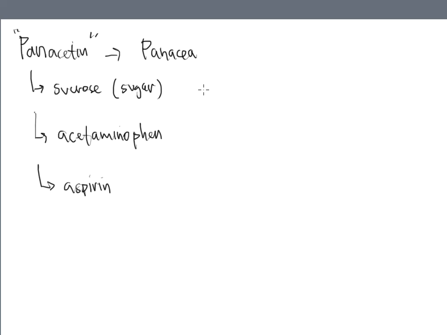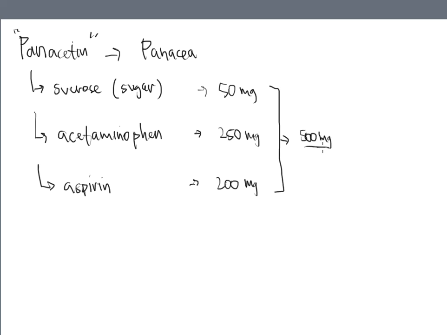The expected values, according to the book that you have, if you read the background, are that sucrose should be present in 50 milligrams, acetaminophen in 250 milligrams, and aspirin in 200 milligrams, and only these three things should be present. If you add all this up, 250 plus 50 plus 200, that's 500 milligrams in total.